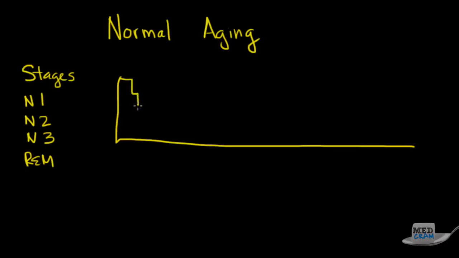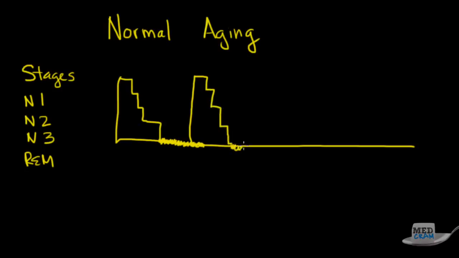And then they go down to stage 2 and eventually go down into stage 3, where they stay until they go into REM sleep, which I'll code here as very dark. Then they come out of that and they go right back up to the beginning of stage 1 and they repeat the same thing again.